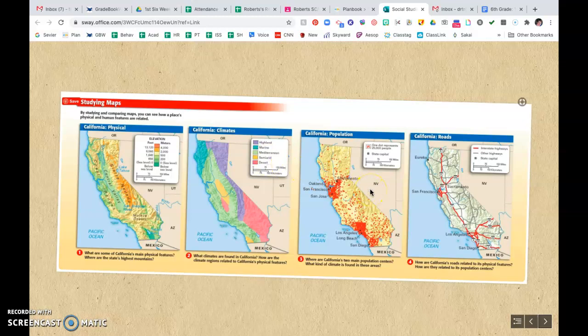This map of California shows population, and it tells you what one dot represents. And then this map of California is showing you the roads. If it's a red line, that would be interstate highways, and all the rest would just be other highways, such as state routes or just local roads.